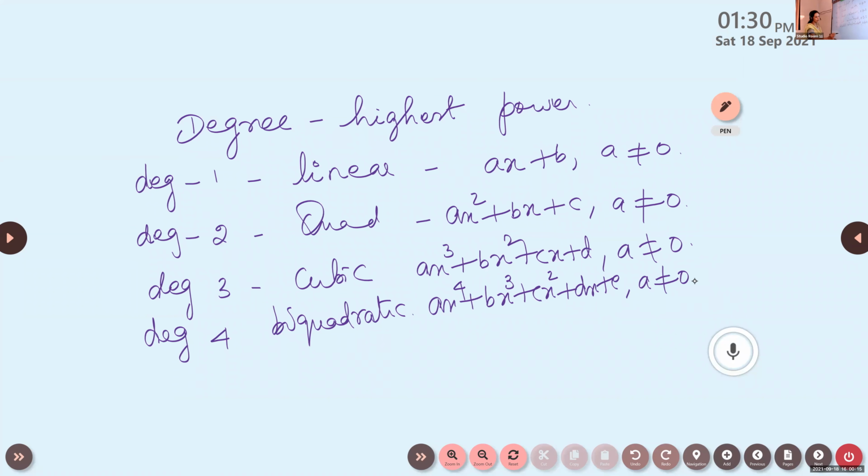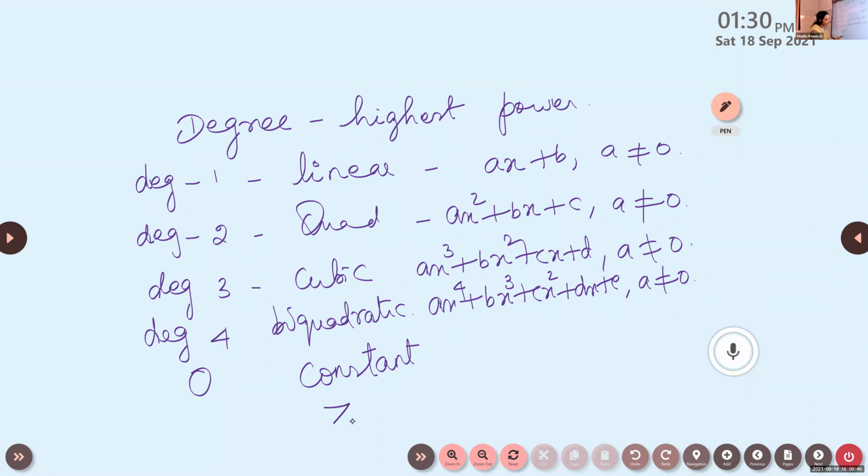Now, tell me what is the degree of the constant polynomial? 0. Yes, it is 0. For the constant polynomial, degree is 0.